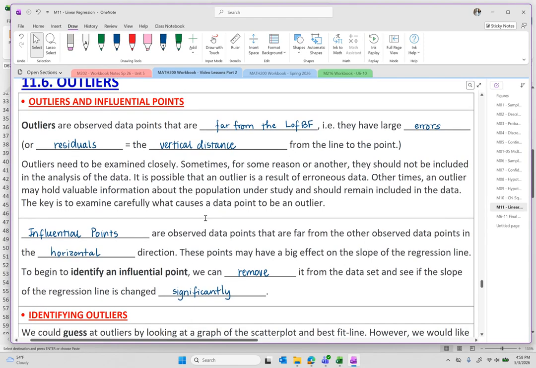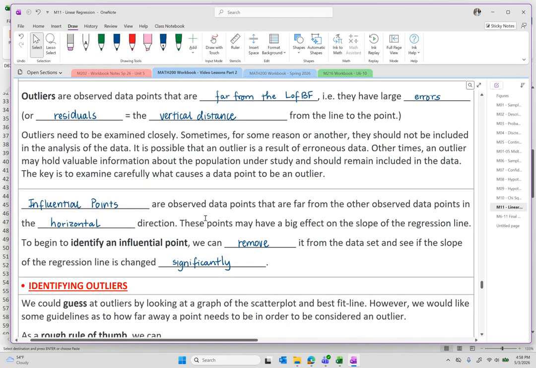Outliers need to be examined closely. Sometimes, for some reason or another, they should not be included in the analysis of the data, or some other times an outlier may hold valuable information about the population under study and should remain included in the data. So the key is to examine outliers.